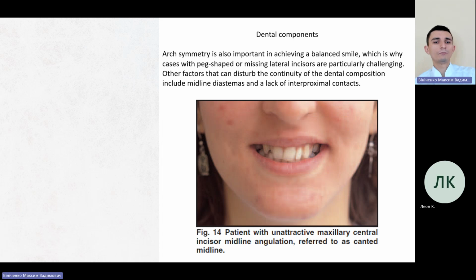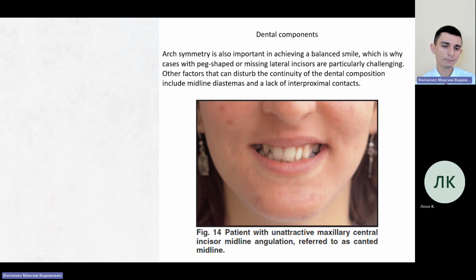Arch symmetry is also important in achieving a balanced smile, which is why cases with peg-shaped or missing lateral incisors are particularly challenging. Other factors that can disturb the continuity of the dental composition include midline diastemas and lack of interproximal contacts.